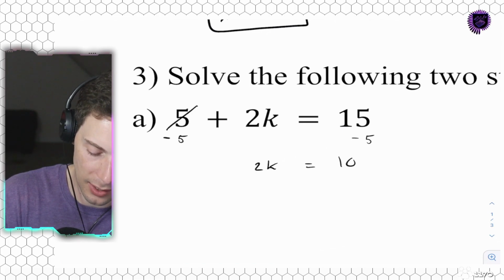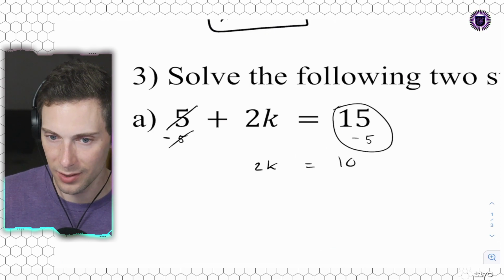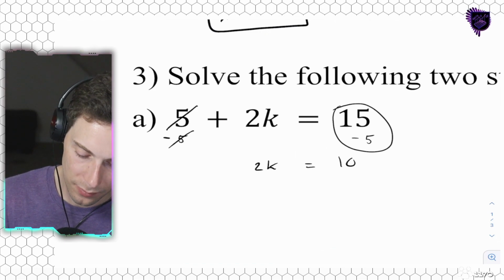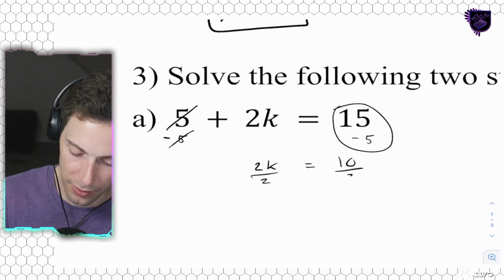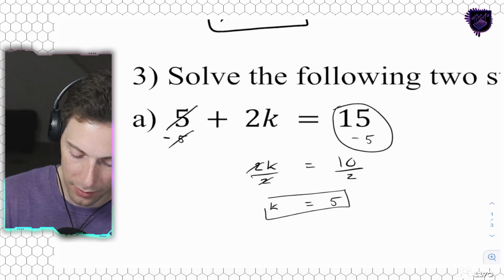So that cancels, and this turns into 10. 2k is equal to 10. I want to divide by 2 on both sides to get rid of that and get our k is equal to 10 divided by 2, which is 5. That's our answer.